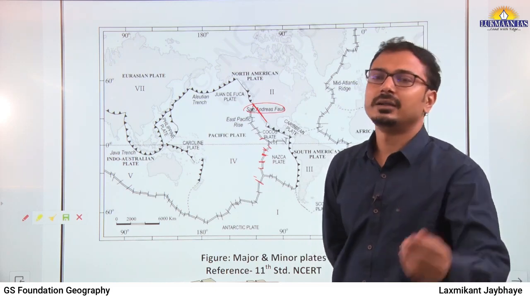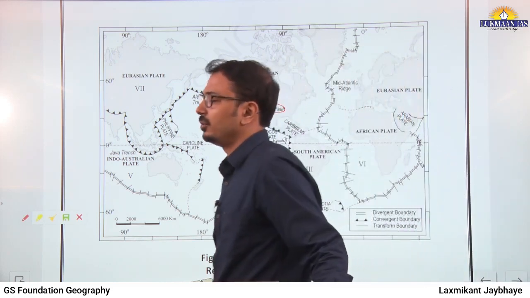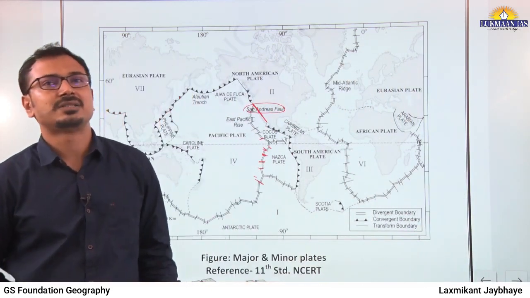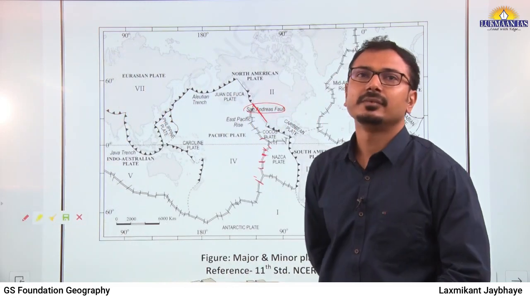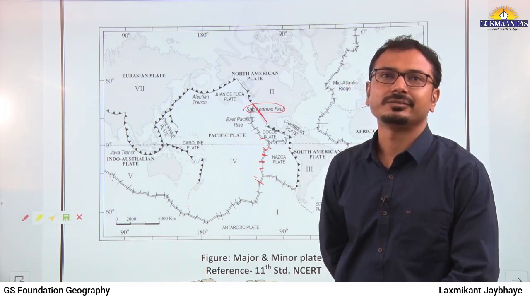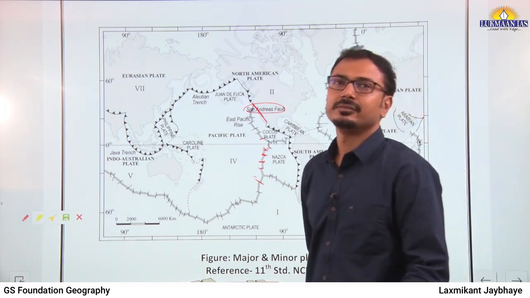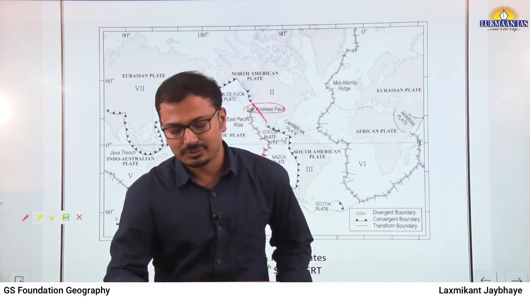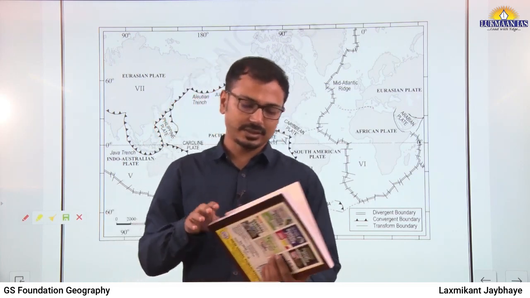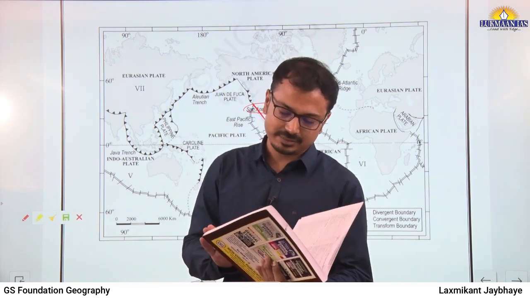Tomorrow we'll try to find out what this Pacific Ring of Fire or Circum-Pacific Ring is. Last year we saw that question in the mains examination. Have you seen the questions from past years, or at least the 2020 examination?